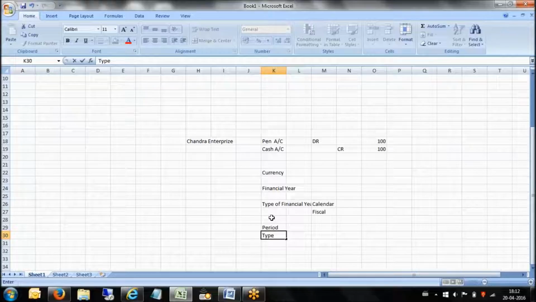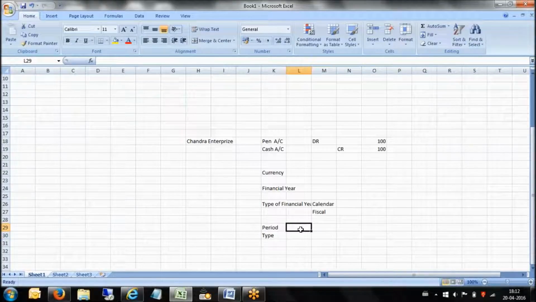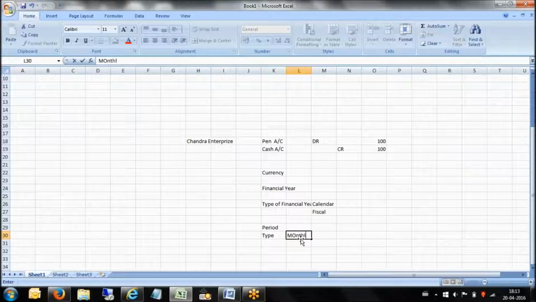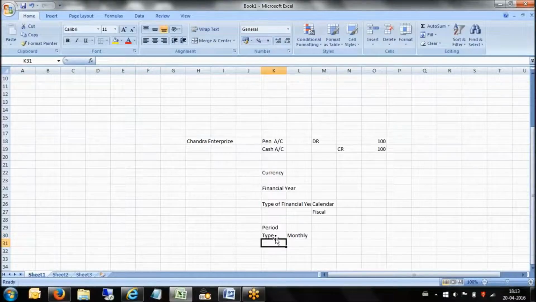For Chandra Enterprise, the period is monthly or quarterly: January, February, March, April, or whatever. But what is the type? Whether it is a monthly periodical system, or quarterly, fortnightly, whatever. Most companies adopt a monthly periodical system.